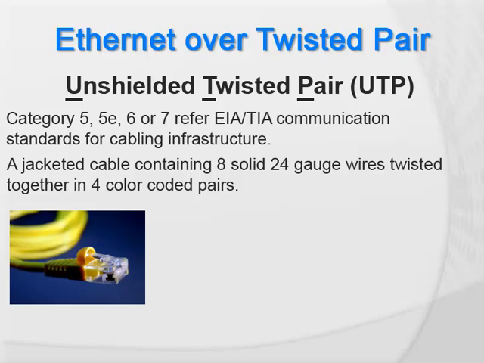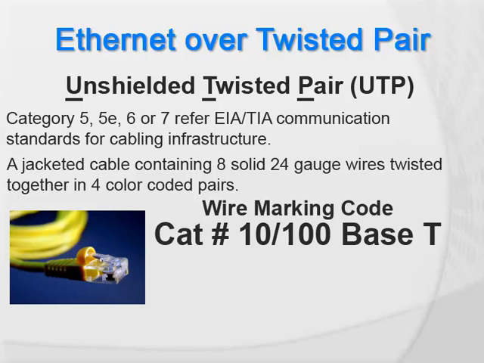The actual characteristics of the wire inside the jacket will determine speed and transmission type, the most common version being 10/100 base T. Printed on the jacket is a letter and number code so you know what kind of wire is inside your system. Let's take a deeper look at that letter number code.